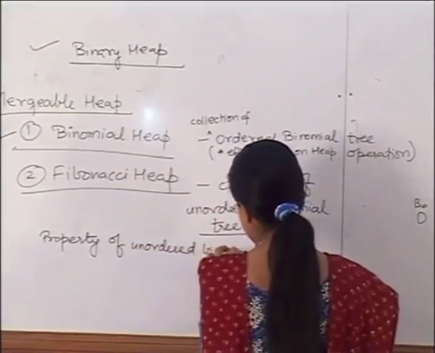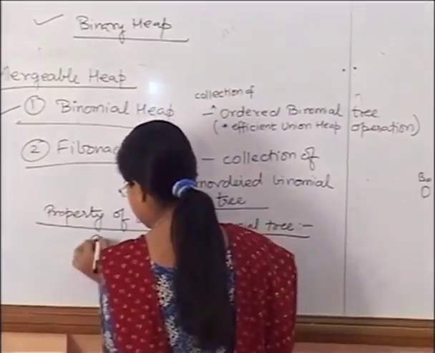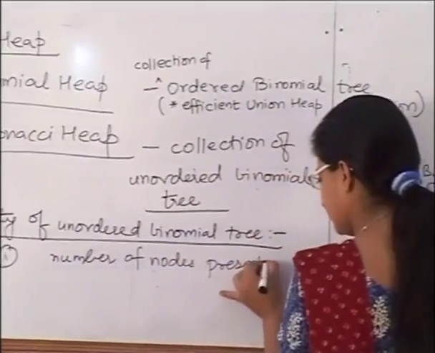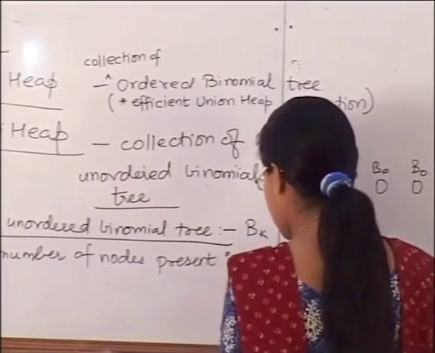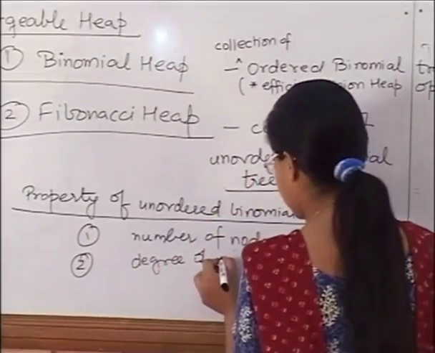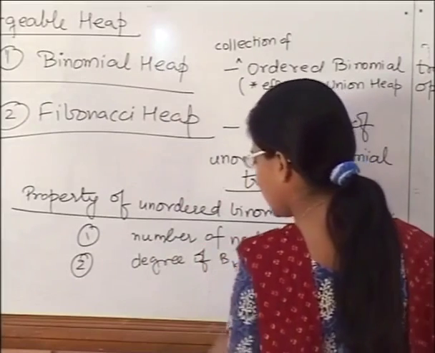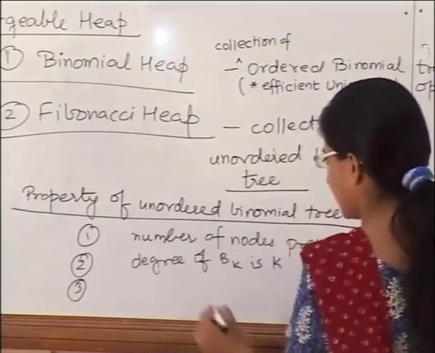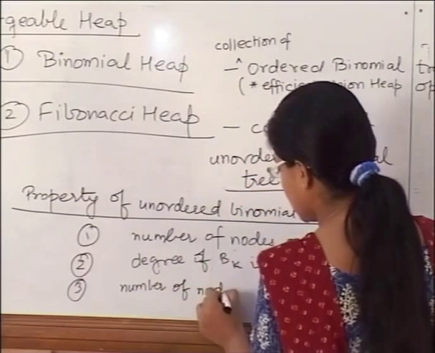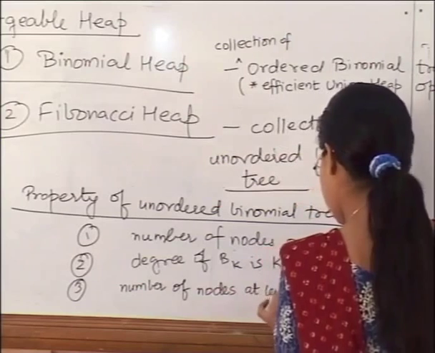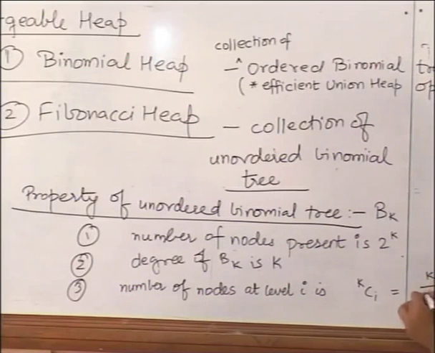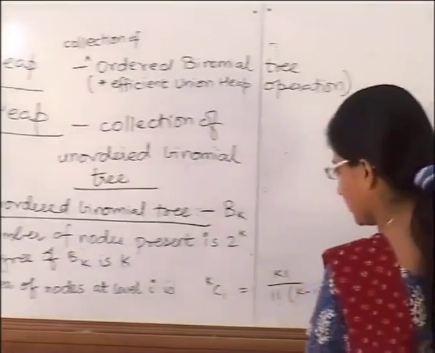I can write the properties here. Number of nodes present is 2 to the power k, degree of Bk is k, number of nodes at level i is kCi equals k factorial divided by i factorial, k minus i factorial.